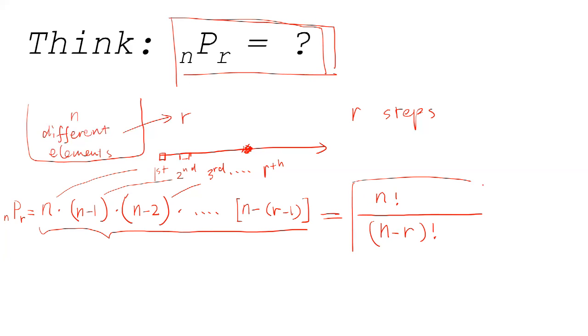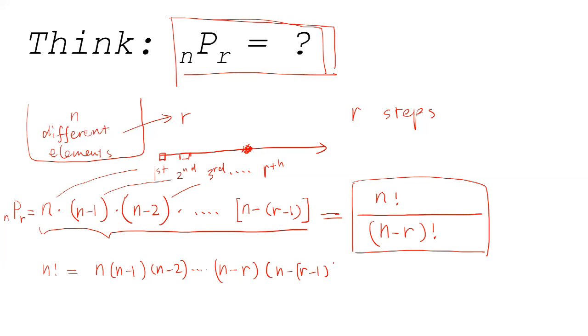Can you see why we can rewrite this as a quotient of two factorials? Because note that n factorial is n times n minus 1 times n minus 2, and so on, times 3, 2, 1, right?